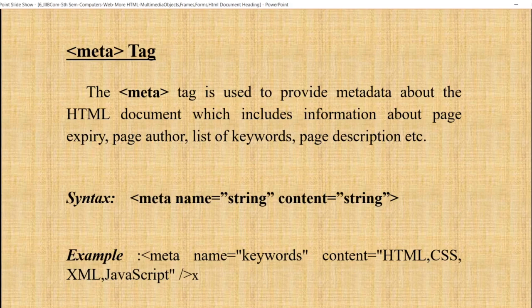Meta tag can be used by browsers, to display the contents or to reload the page, by search engines for keywords, and other web services. Syntax for meta tag is meta name equals string, content equals string. Here I have taken name equals keywords, content equals HTML, cascading style sheets, XML, JavaScript, etc.